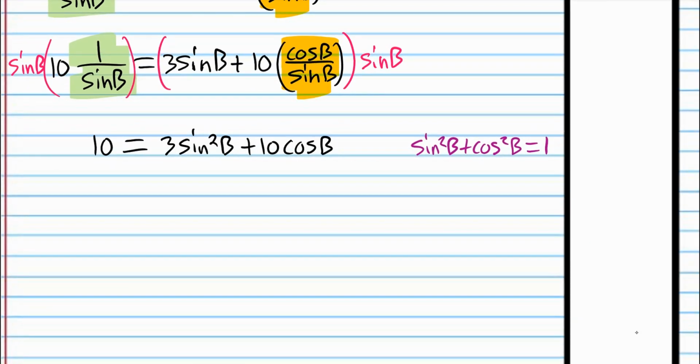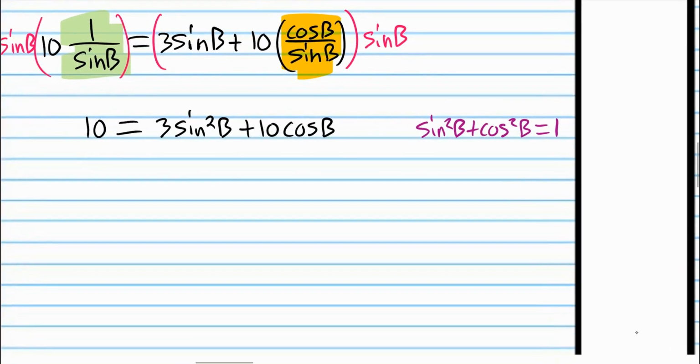Now we've used the Pythagorean identities in previous classes, but we didn't really manipulate this equation. You can manipulate these identities any way you want to help you solve problems. So this may be a little unfamiliar to you, but that's okay.